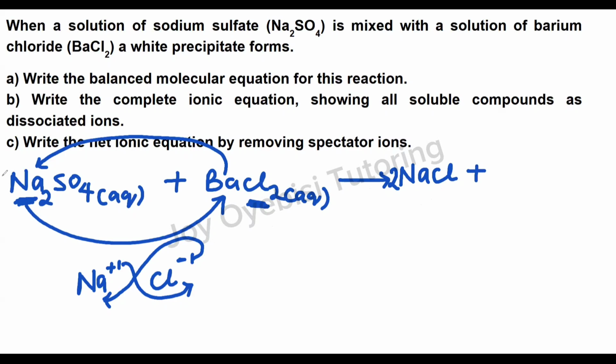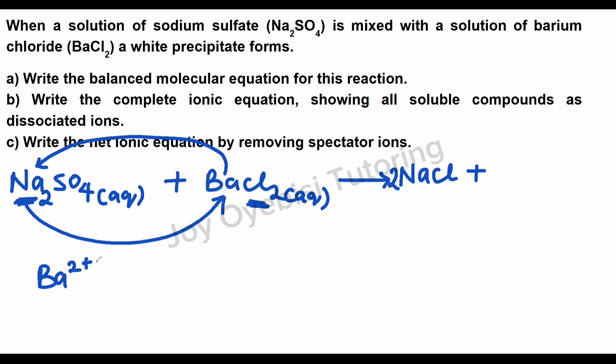Now the next one is the barium. So for barium, you have Ba2+, and that is combining with SO4 2-. Now remember, positive ions are always in front. They come first, okay?